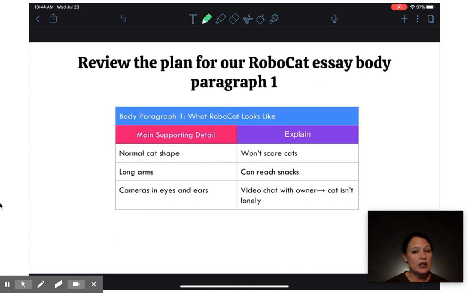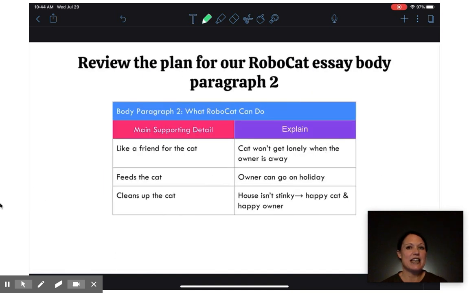So if you remember in the last lesson, I made this T-chart about my RoboCat, and I included my main supporting details with my explanations for my first body paragraph of what RoboCat looks like. And then I did the same thing for my second body paragraph of what my RoboCat can do.